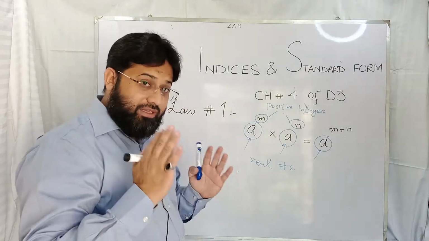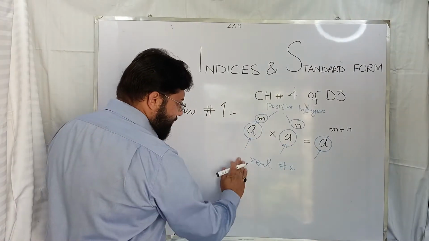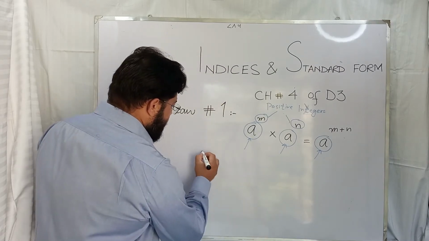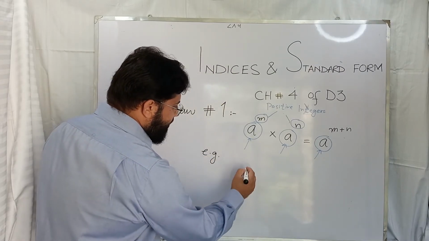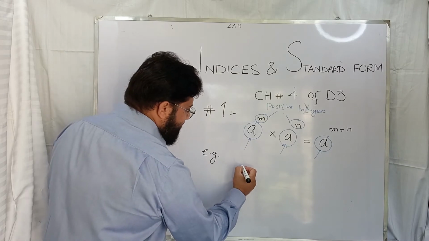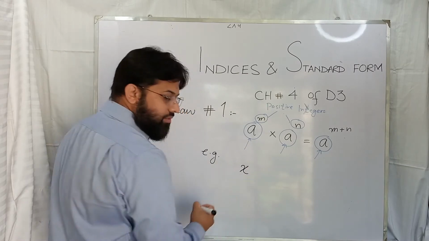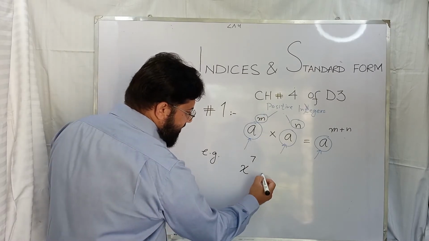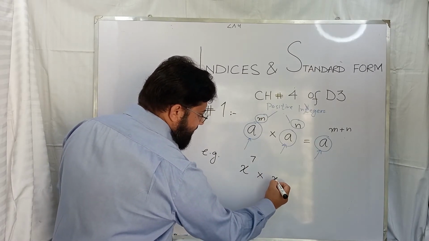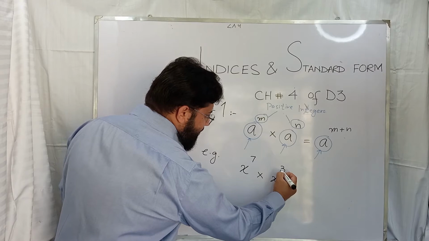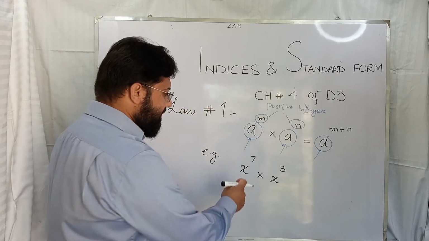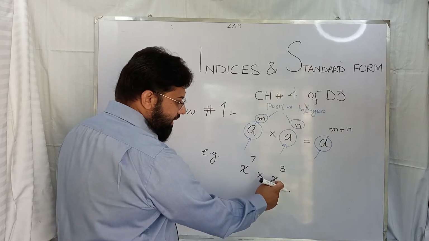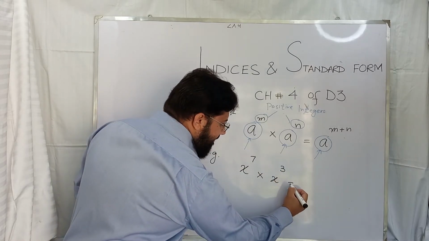Let's quote an example, then the situation will be more clear to you. For example, I write x to the power 7 multiplied by x to the power 3. Here you can see x to the power 7 is going to multiply by x to the power 3.